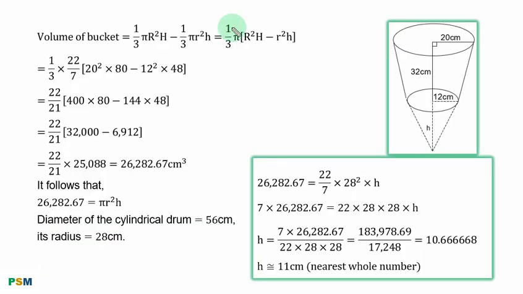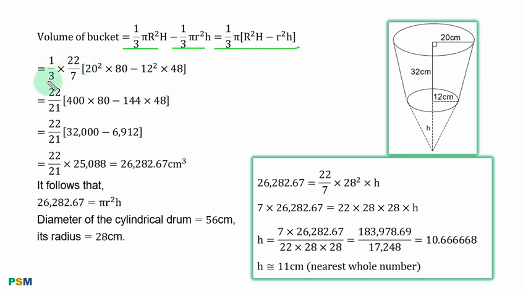Volume of bucket is equal to volume of the bigger cone minus volume of the smaller cone. If you factor out 1 over 3 pi, you have this result.